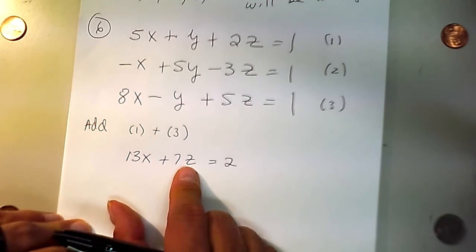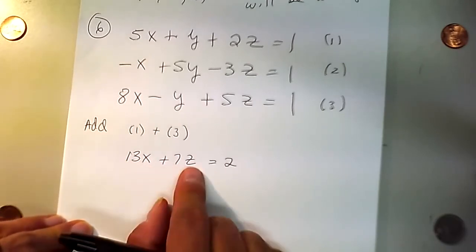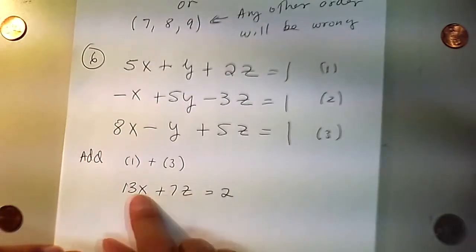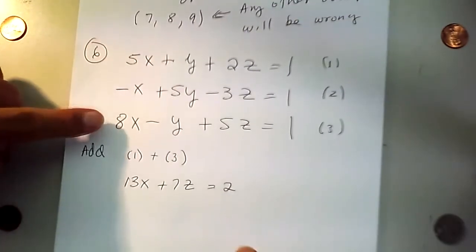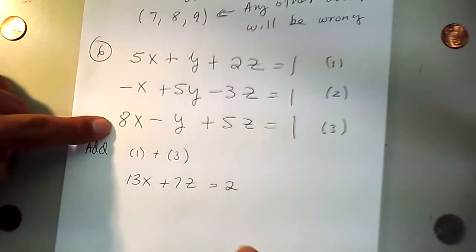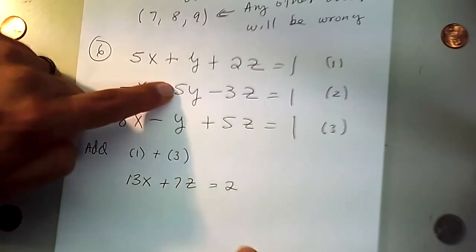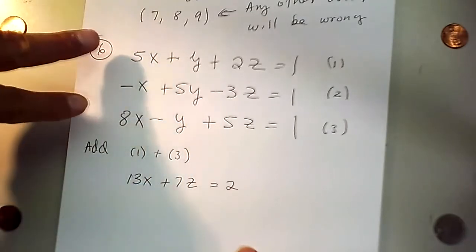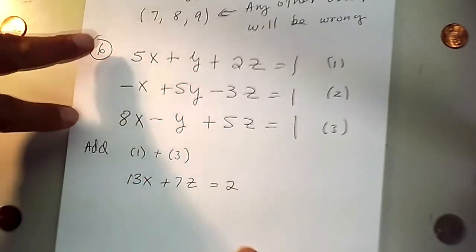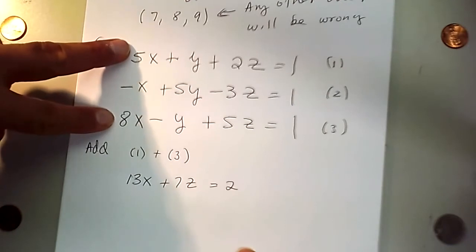Now I need another equation with x and z. That's another way to go about this. We can multiply. How about if we multiply the third equation by 5, because I want to eliminate the y using a different pair of equations. See, we used those two to eliminate the y.